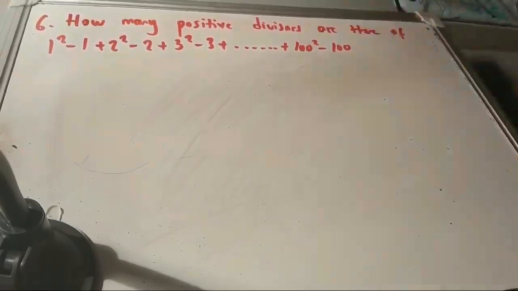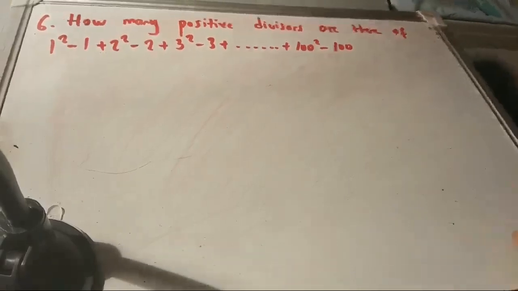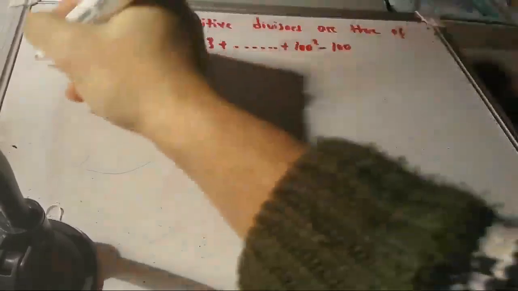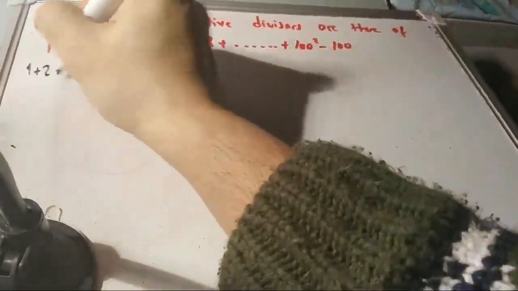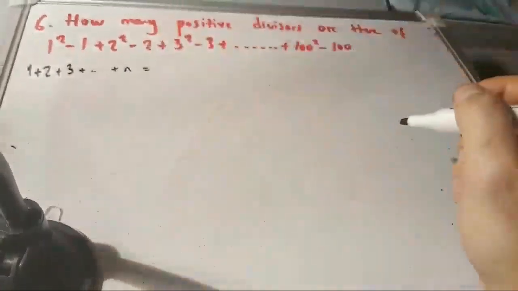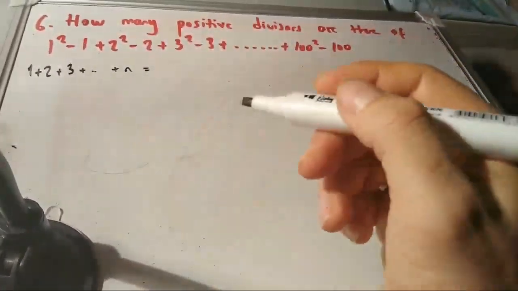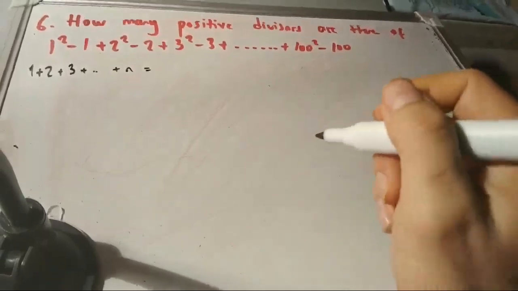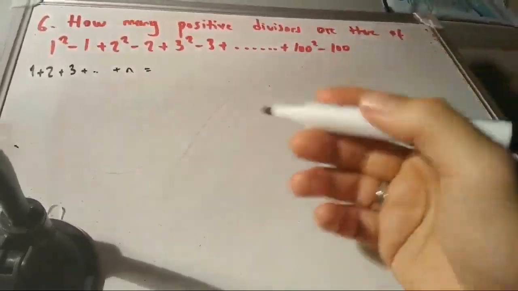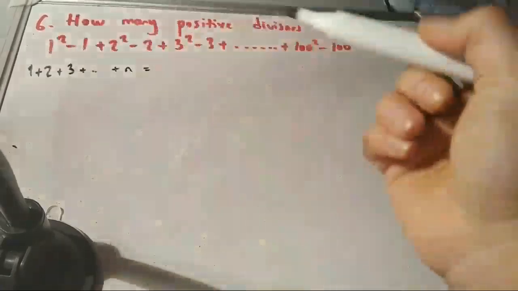And before we start, there's something else you should know. First, let me give you these theorems, because they help us to find the answer. The first is 1 plus 2 plus 3 plus till n, the sum of consecutive natural numbers, because they start from 1.